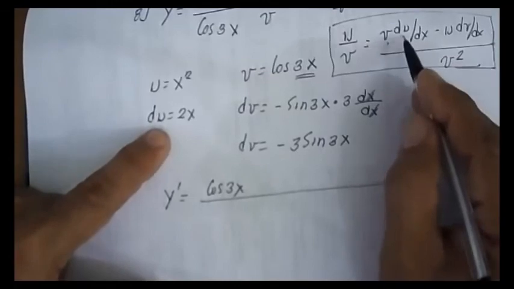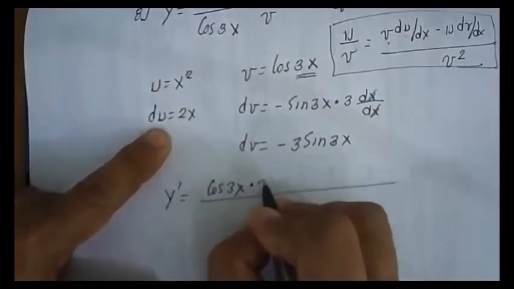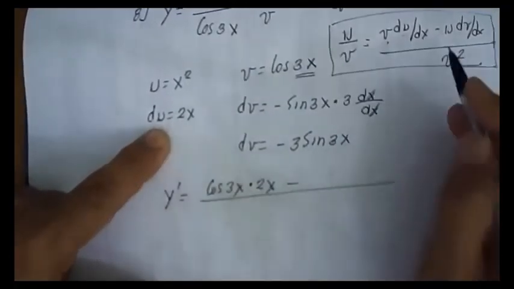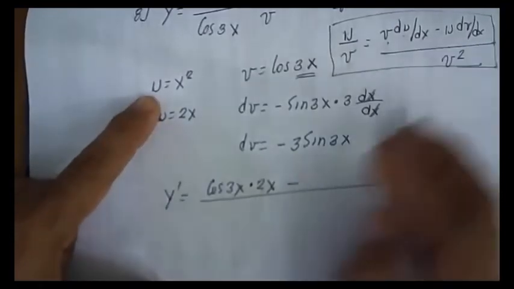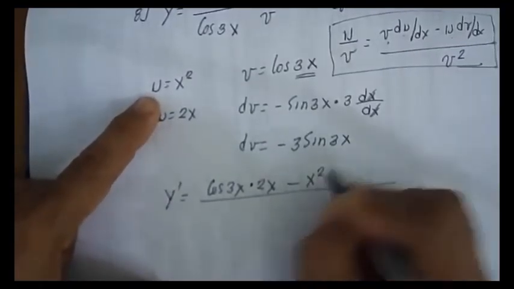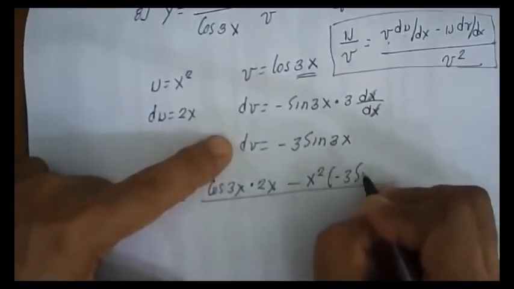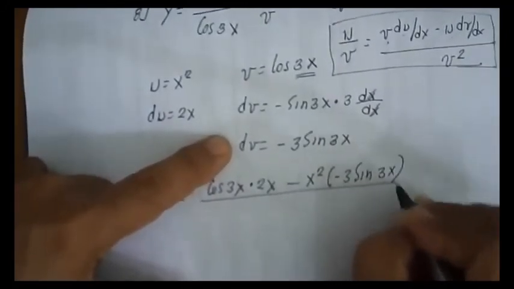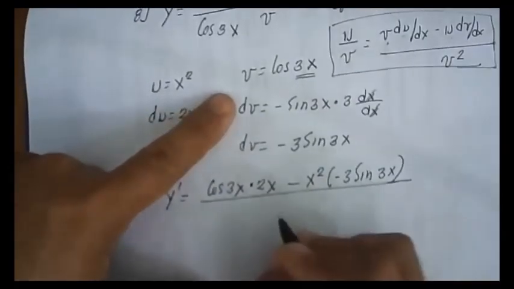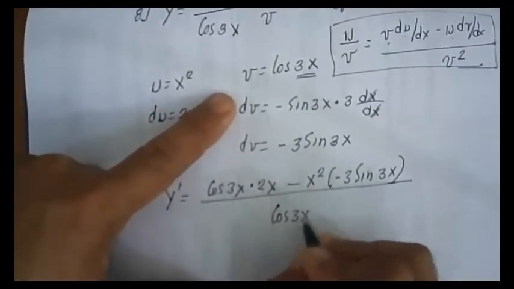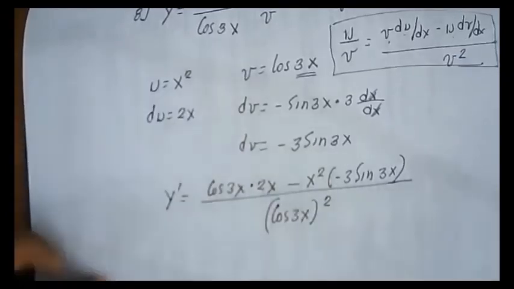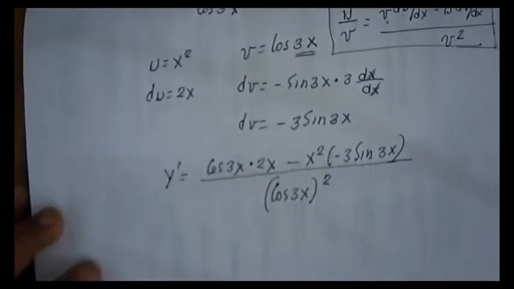What is our du? Is 2x. Minus, what is our u? X squared. What's our dv? Negative 3 sine 3x, all over yung v natin, cosine 3x, and then squared siya.